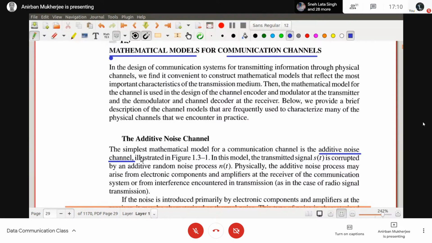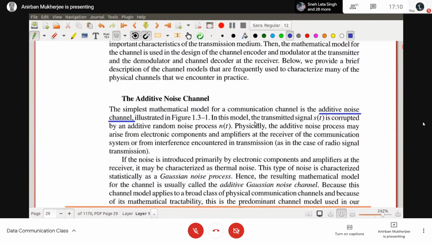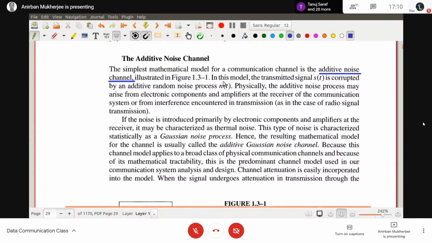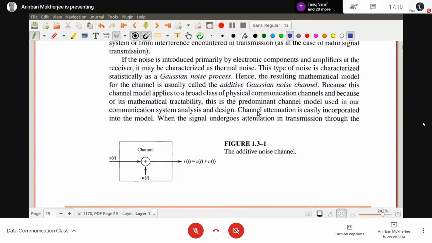In this model, my transmitted signal s(t) will be corrupted by n(t), so that r(t) is s(t) plus n(t). That means I am modeling the whole channel.